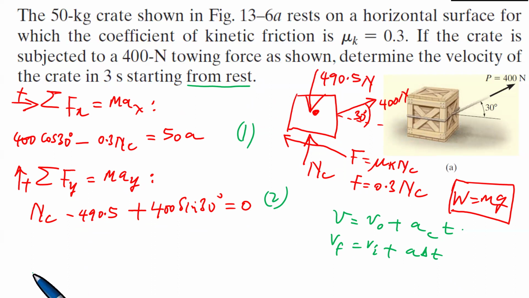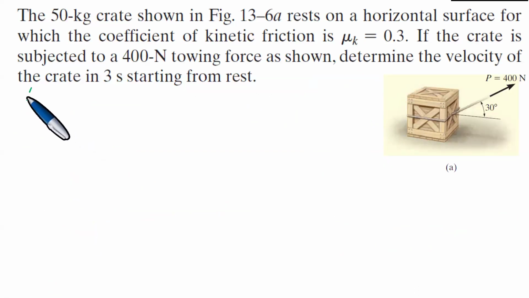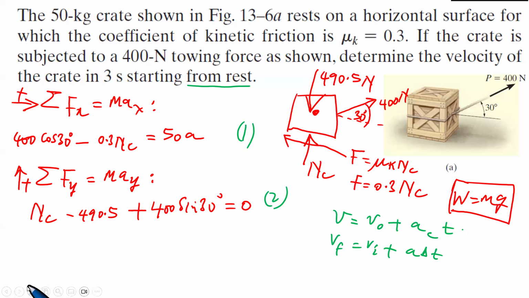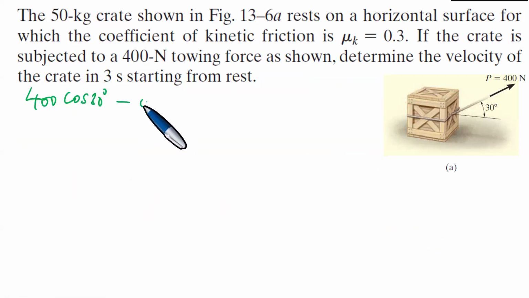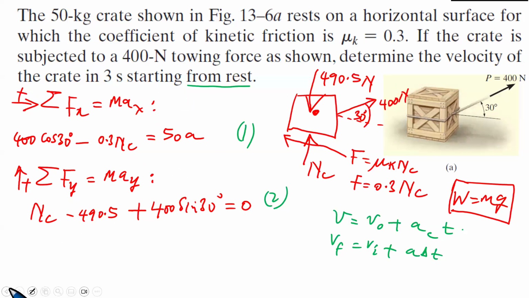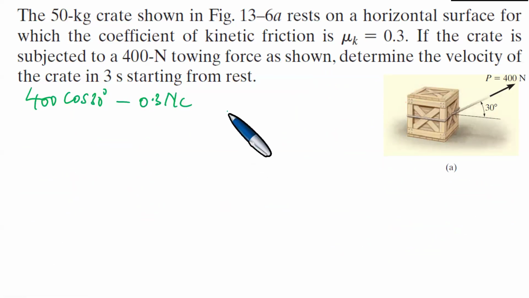So if we have these two equations, we have 400 cosine 30 minus 0.3 NC is 50A.